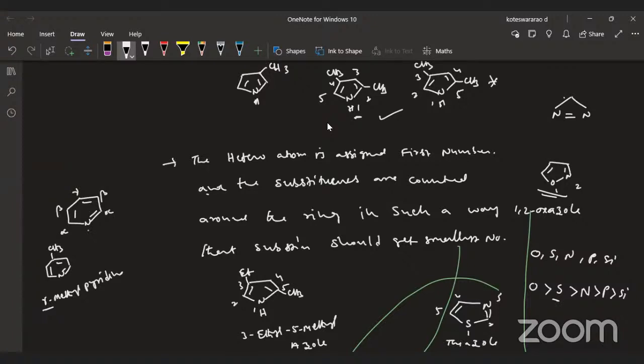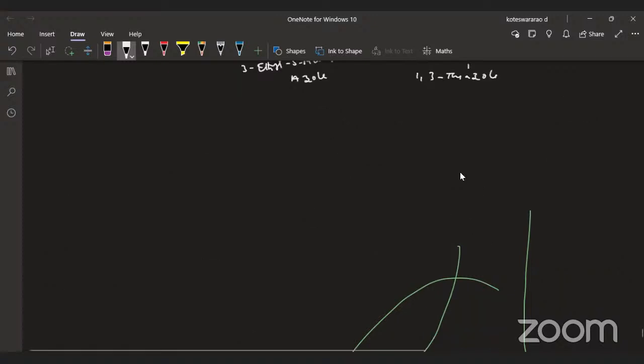The name is thiazole, and indicating the sulfur and nitrogen relation, 1,3-thiazole. Suppose the same kind of heteroatoms are present, two heteroatoms that are the same. Now it is called 1,2-diazole.